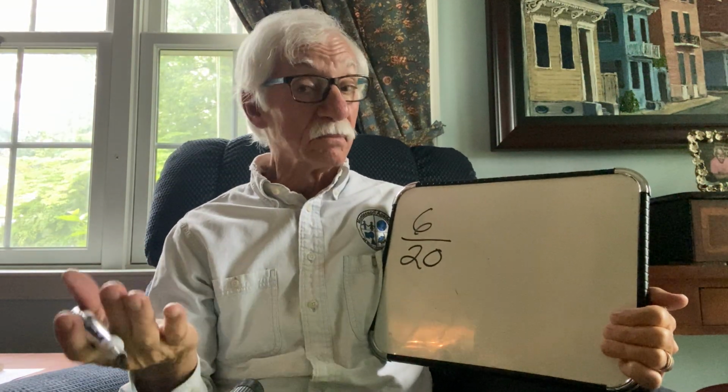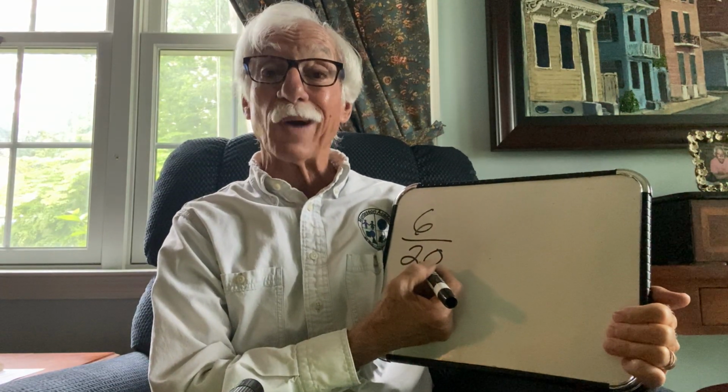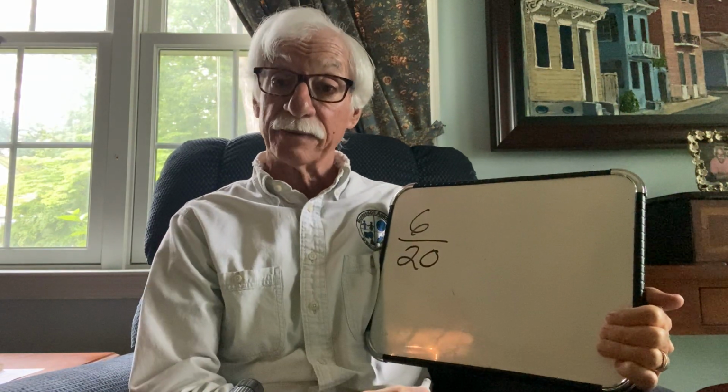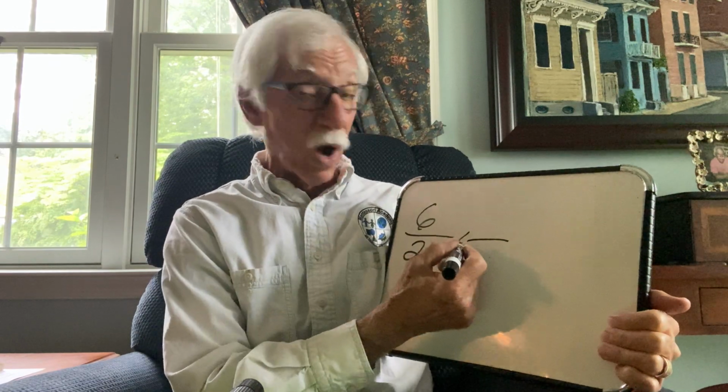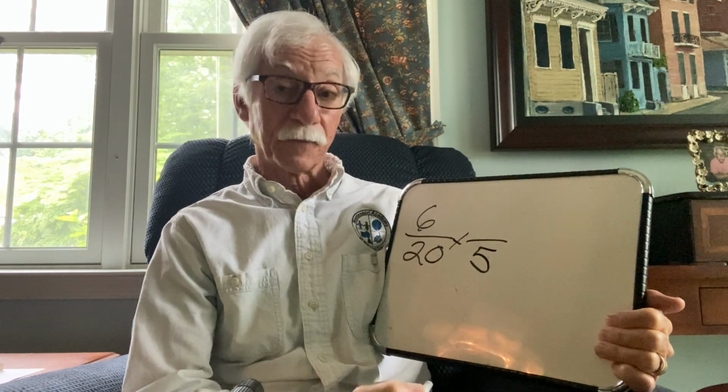6/20ths. Fraction? Yep, Mr. T. But I have a denominator of 20. What do I need it to be, to figure out the percent of hits that Lance got? Percent of his at-bats. Well, Mr. T knows his math facts. I've got to multiply 20 by what to get 100? I've got to multiply 20 by 5.